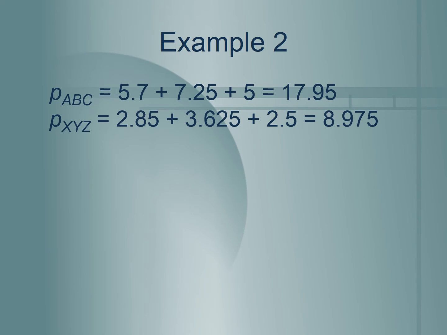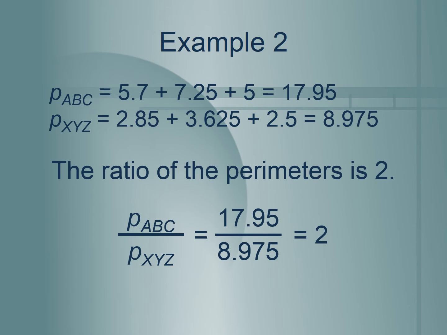So now we know the perimeters of each. And if we want to know the ratio of the perimeters, we just do one divided by the other. So 17.95 divided by 8.975, and that reduces to 2. So the ratio of the perimeters is 2.